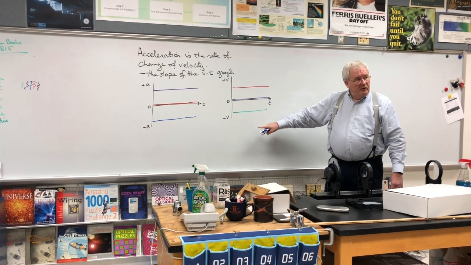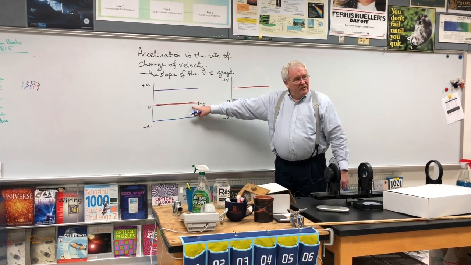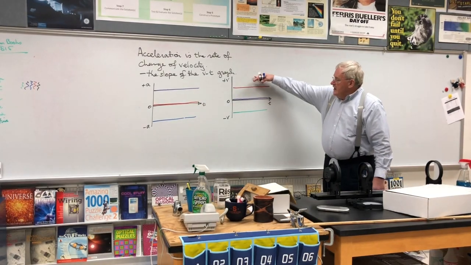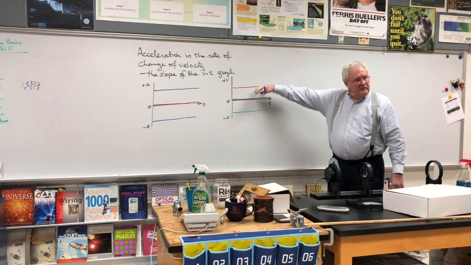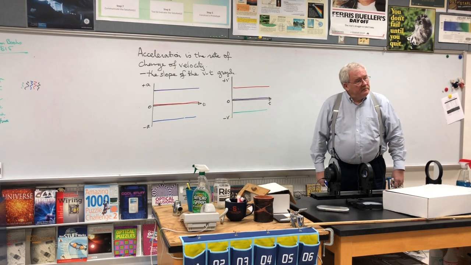What you do know though is that if the acceleration is zero, that means the slope of the velocity time graph is zero, which means any horizontal line on the velocity time graph could be what's going on.